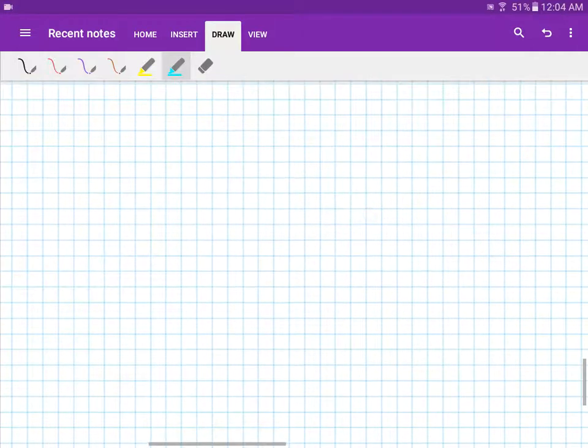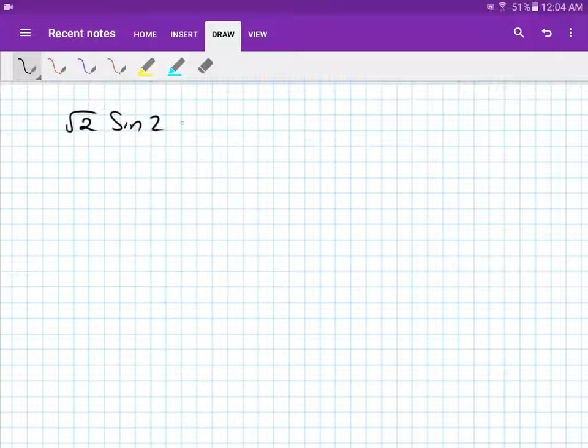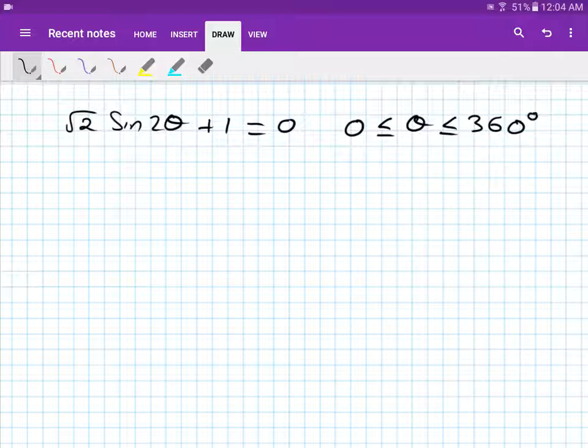Number 3. Let's say root 2 sine 2 theta plus 1 equals 0. This is 2 theta. Now theta is between 0 and 360 degrees.